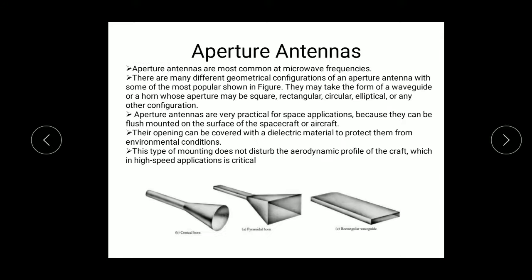So, aperture antenna. Basically, this type of antenna is completely designed from metal, and this type of structure has high power handling capability. You can see this is the conical horn, pyramidal horn, rectangular waveguides. Basically, this type of antenna conducts electric field and magnetic field instead of current and voltage.